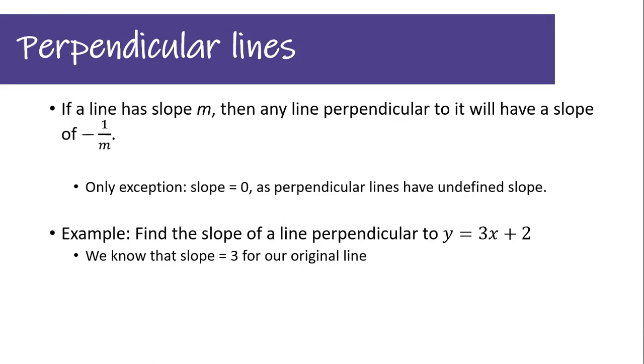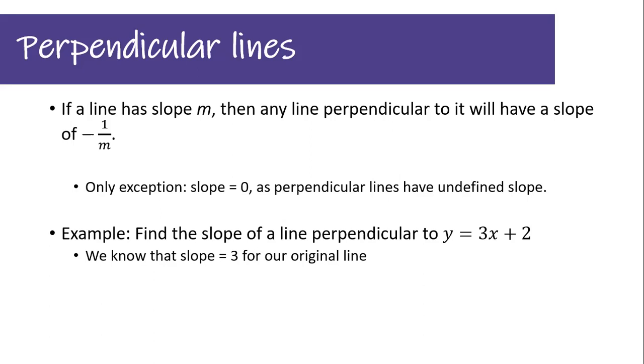There is one exception, and that is horizontal lines, because we know that a horizontal line is perpendicular to a vertical line. But remember that a fraction is undefined if 0 is in its denominator. So -1 over 0 is undefined.